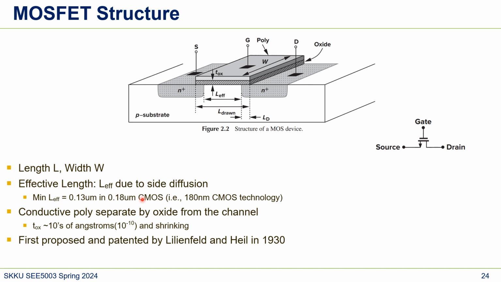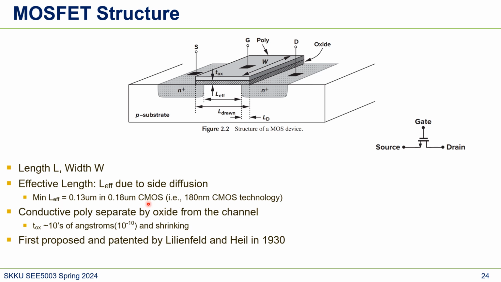Actually, there are a lot of stories, and the meaning of this number has been changing a lot recently, but it's easier to understand that the number in front of CMOS means how small we can make a transistor. For example, when I was in my PhD, the technology that I used was 40 nanometer CMOS, which is smaller than this 180 nanometer, but 40 nanometer is also not a very advanced technology.